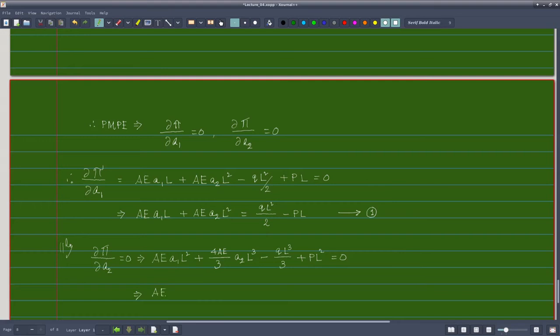AE A1L square plus 4 by 3 AE A2L cube is equal to QL cube by 3 minus PL square.